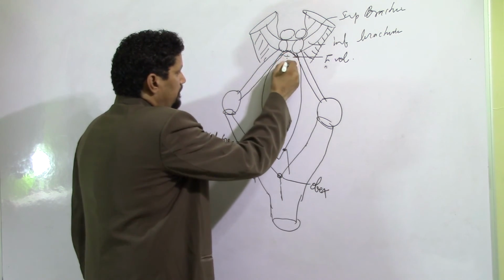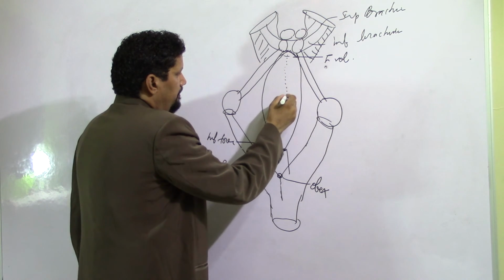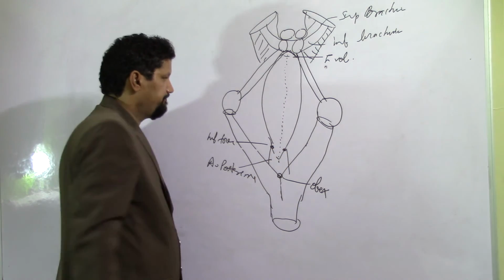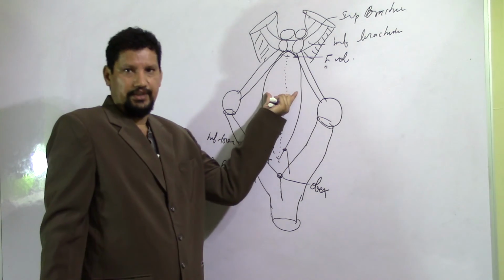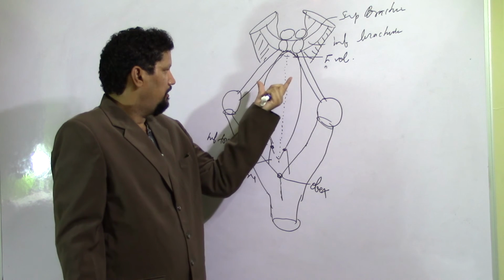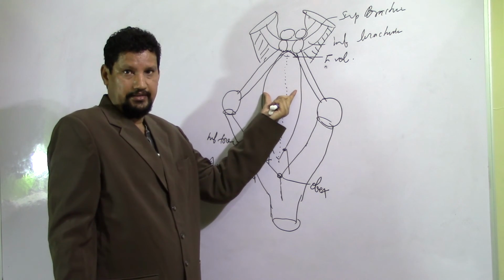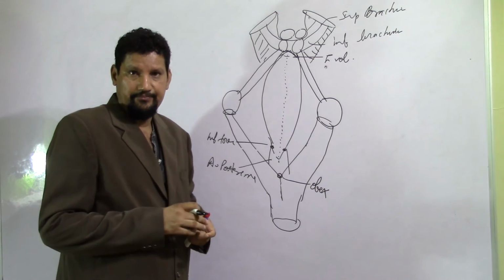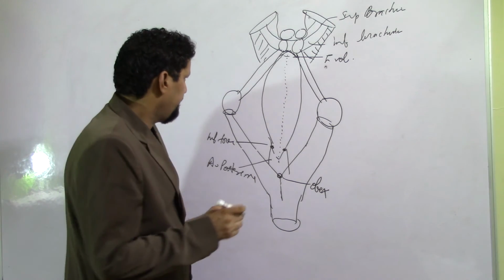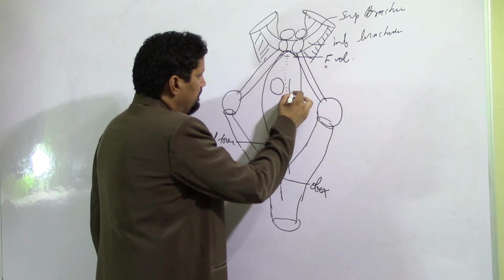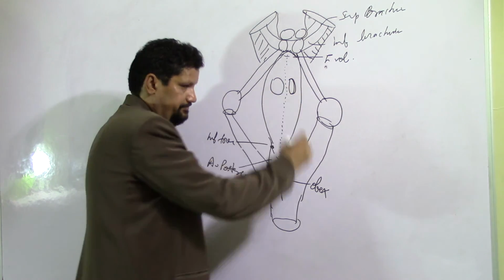This is the posterior median sulcus, and the upper half of the floor of the fourth ventricle, that is the pontine part of the fourth ventricle, has two median eminences.